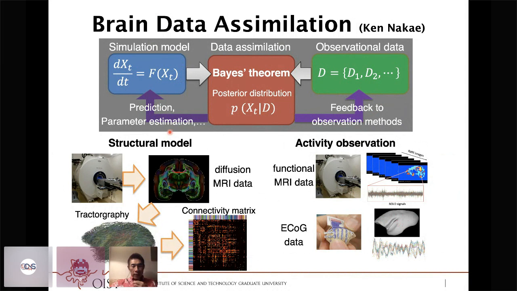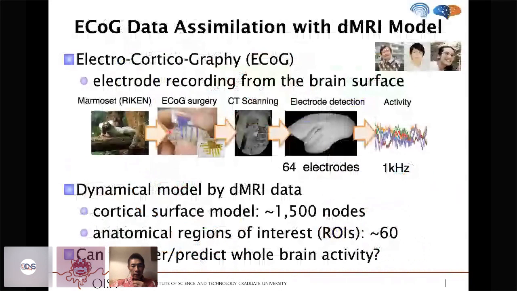So we have been testing this framework to this electrocorticogram with 64 electrodes placed on the cortical surface of the marmoset's brain. And then we can use a dynamic model based on the diffusion MRI.